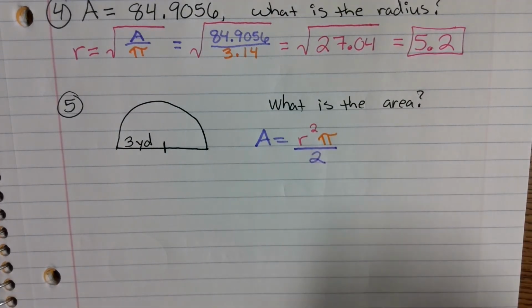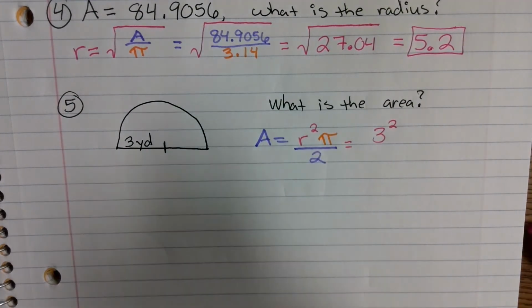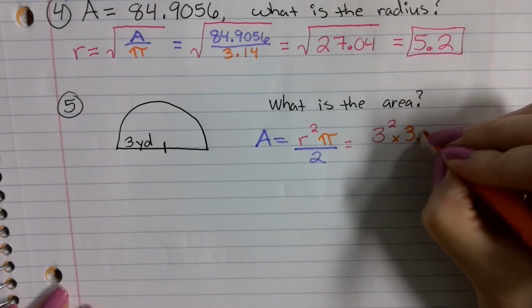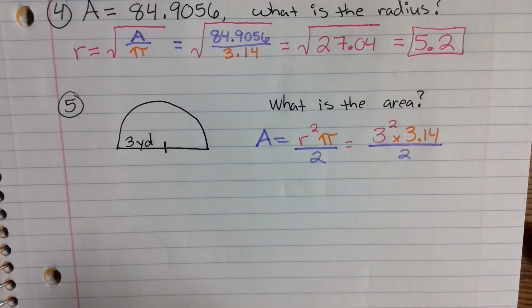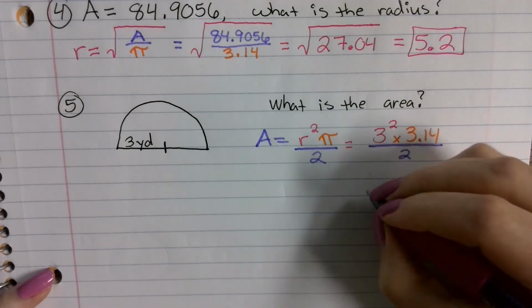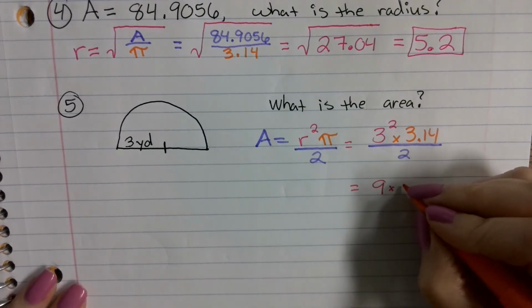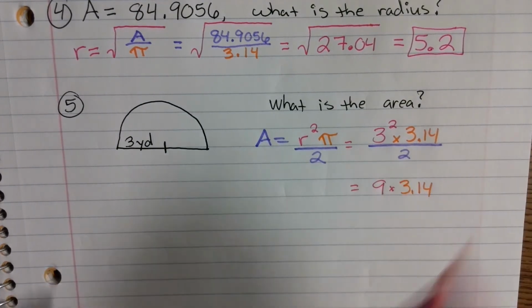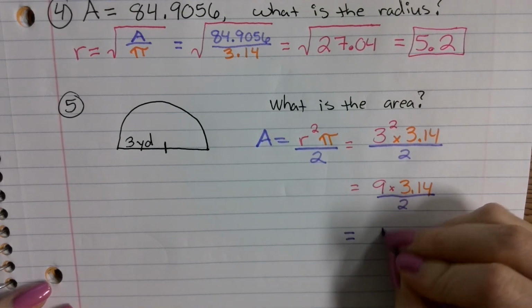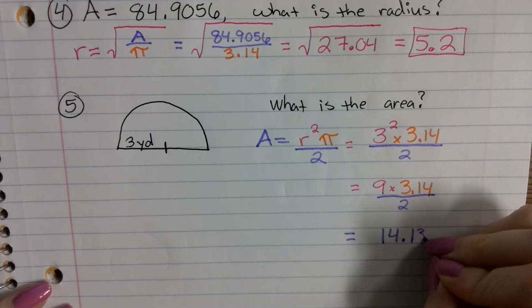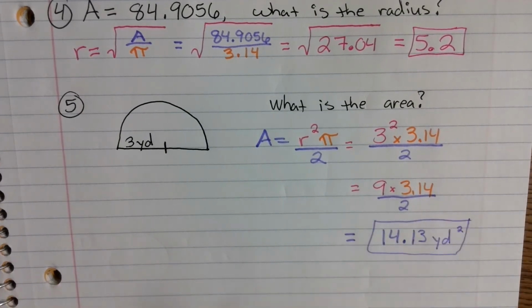So we're going to take 3 to the second power, multiply it by 3.14, and then divide that by 2. What's 3 to the second power? 9. Be careful. Don't make that mistake. So then we do 9 times 3.14 divided by 2, and the area would be 14.13 yards squared.